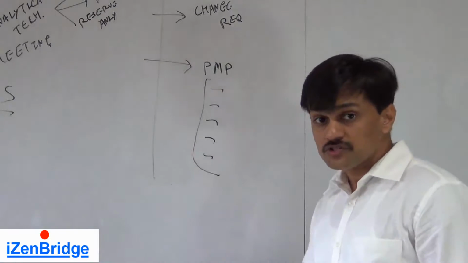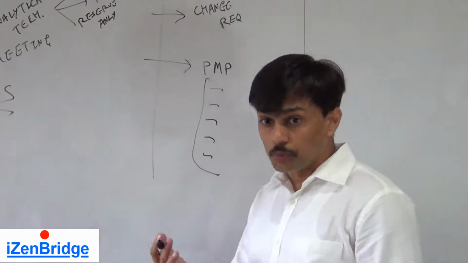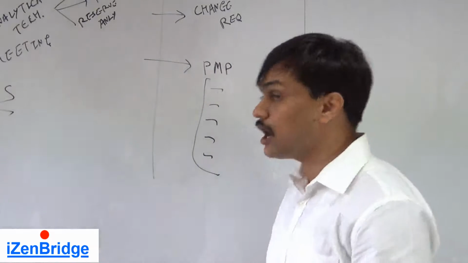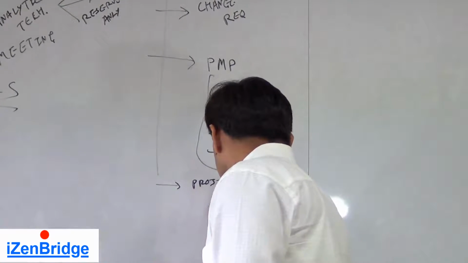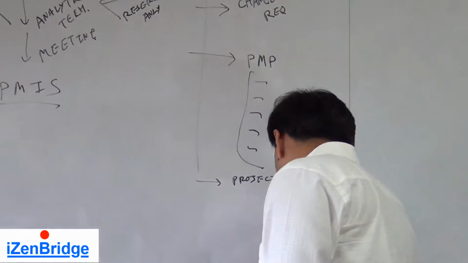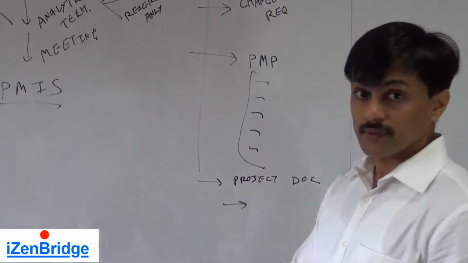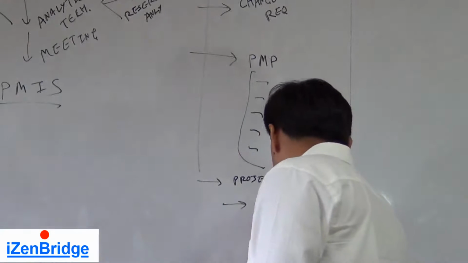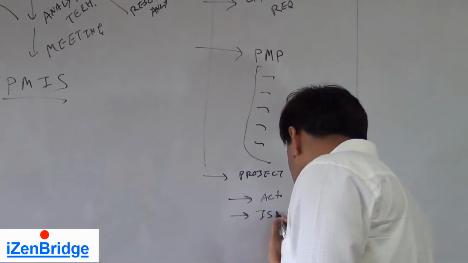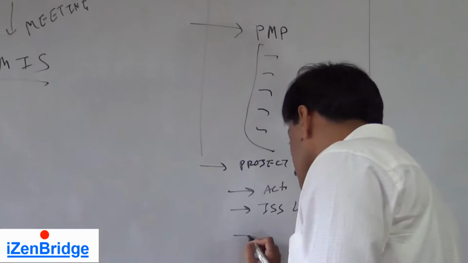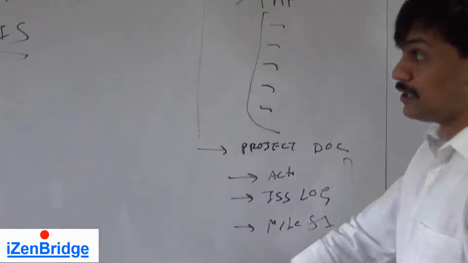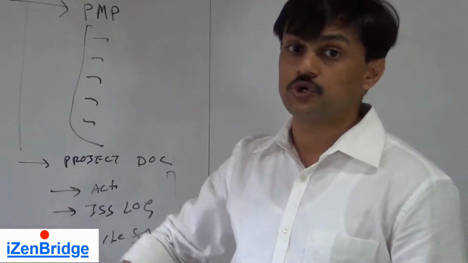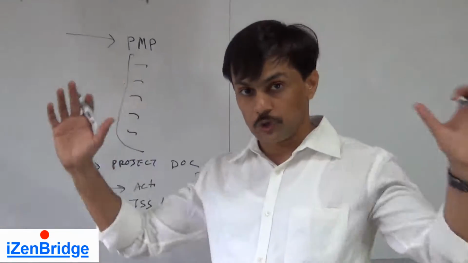The monitoring and control process group also generates an output, or updates project documents, like the activity list, issue log, milestone list, etc., on the basis of the monitoring and control activity we do at a consolidated level.